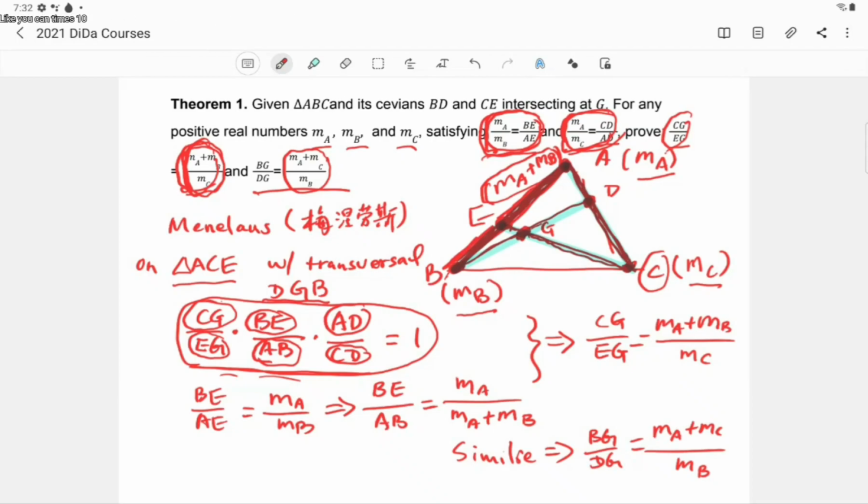I have only two conditions, but I have three variables.